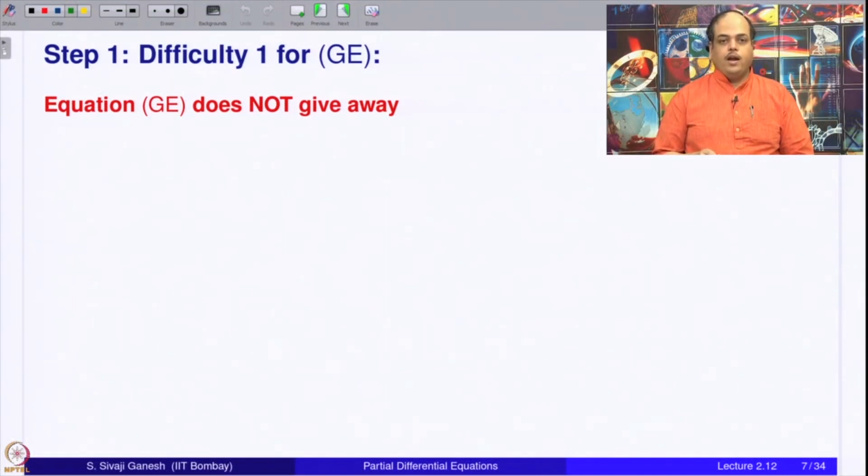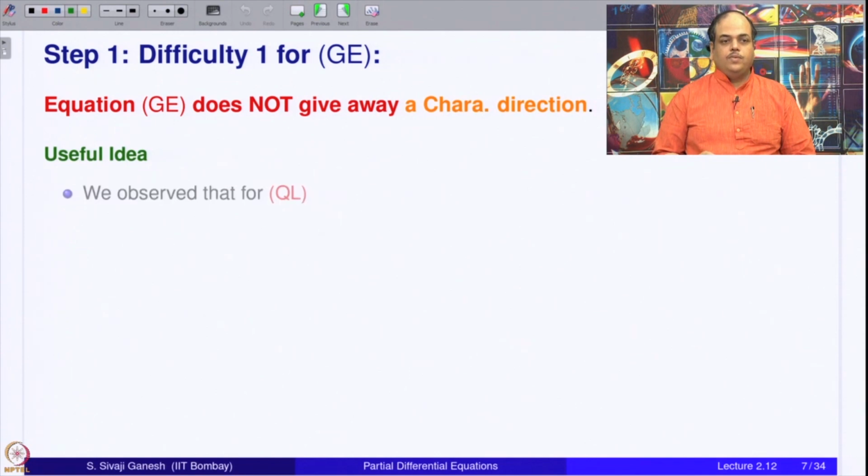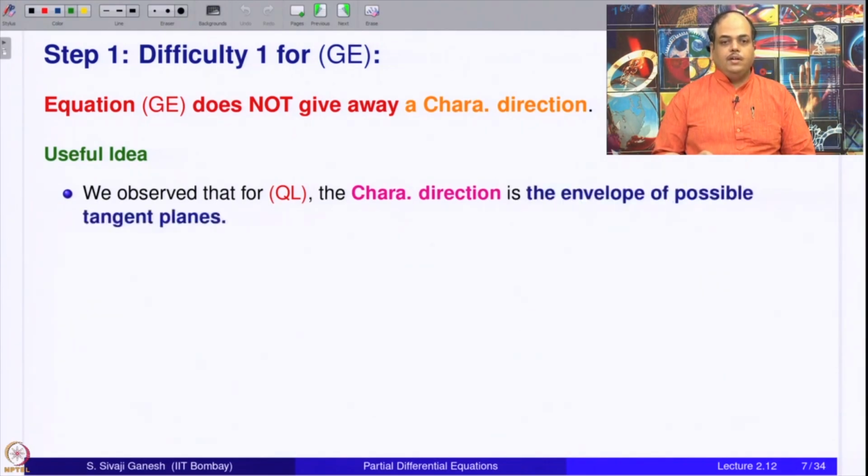Difficulty 1 for general nonlinear equations is that the equation does not give away a characteristic direction. A useful idea was that for quasi-linear equations, the characteristic direction is the envelope of possible tangent planes. Actually, the envelope of possible tangent planes is a straight line whose direction is the characteristic direction.